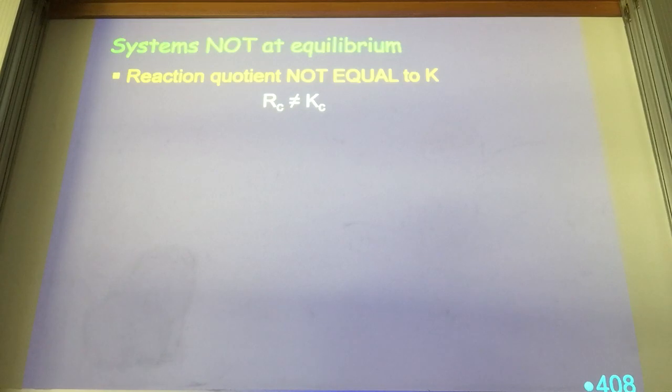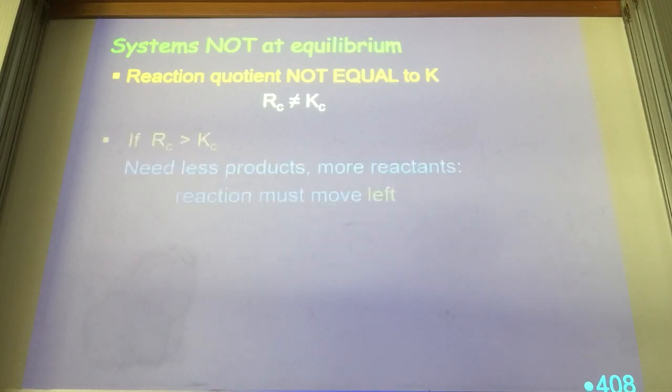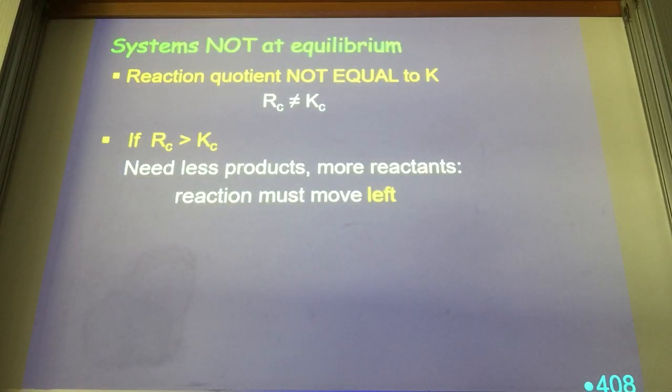So if we calculate what we think is the equilibrium constant and the value that we get is not equal to what the equilibrium constant should be, we can tell that the system's not at equilibrium. So we calculate the reaction quotient and a test to see whether the system is at equilibrium is whether it is equal to the equilibrium constant.